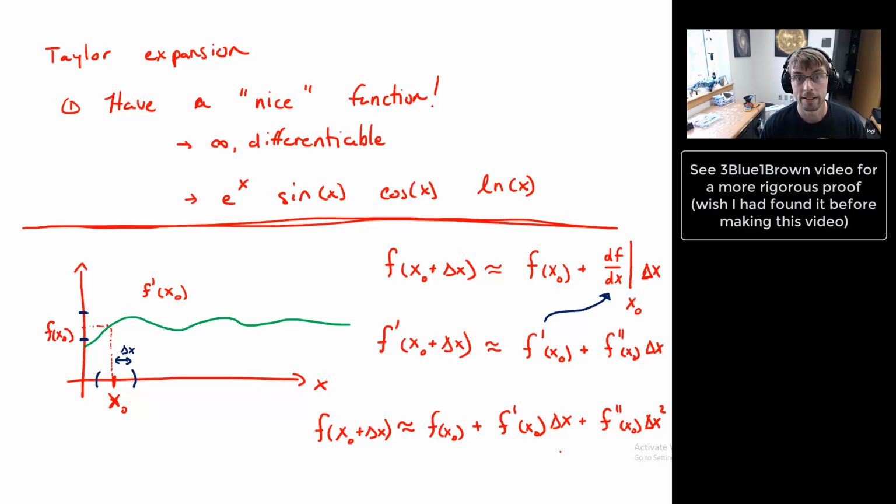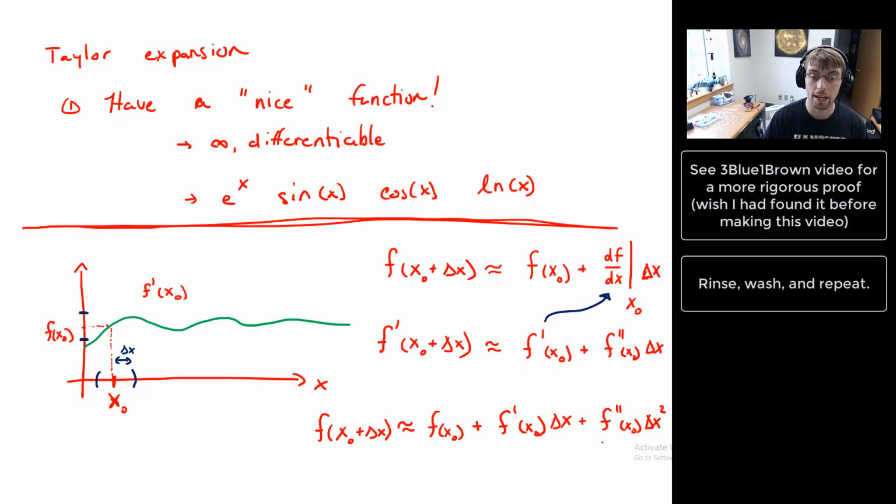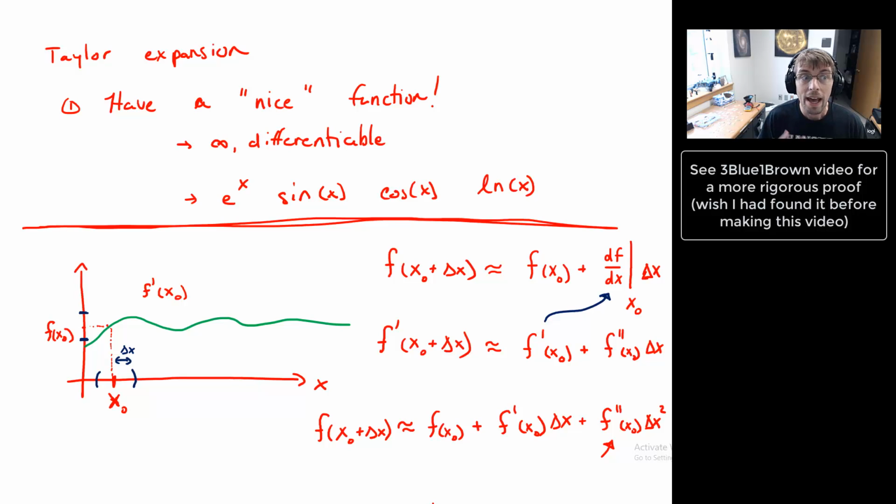And then keep going. Keep playing that song and dance. Well, what happens if we want a better approximation for f double prime? Well, that will relate to f triple prime, etc., etc. That is the basic idea of the Taylor expansion.